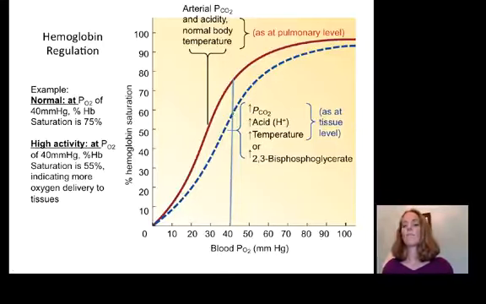So an average of 1.5 oxygen molecules per hemoglobin will be donated in that same environment if we not only have low oxygen, but we also have high metabolites.